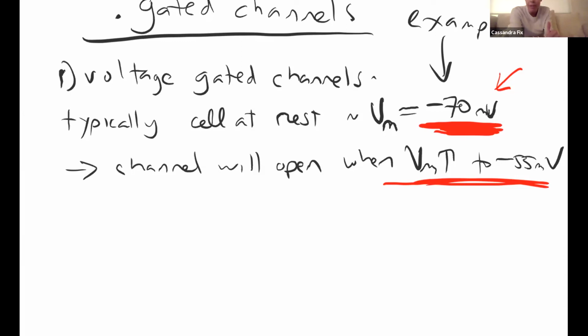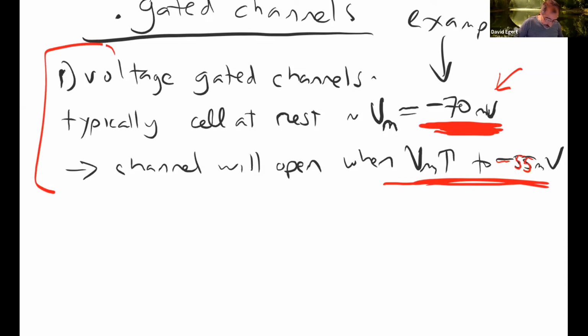Because I think you're saying minus 50, but you wrote minus 55. Minus 55 is the typical one for the ones that we're going to be seeing. There are other versions of these as well. This is a classic one that we're going to look at in more detail: voltage gated channels that are closed at minus 70 and will open if the voltage rises to minus 55 or above.